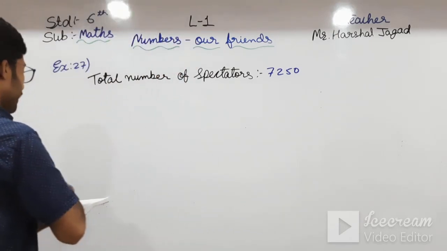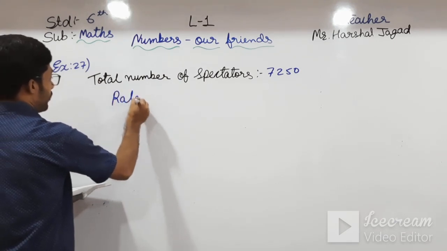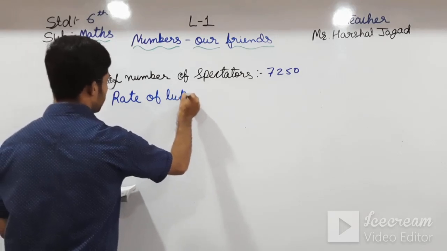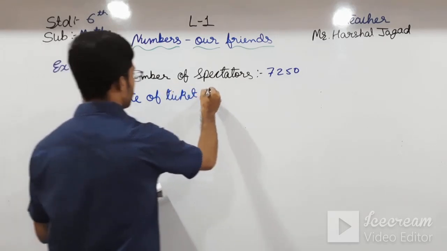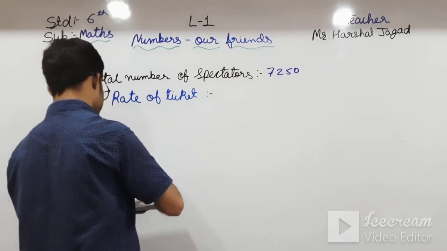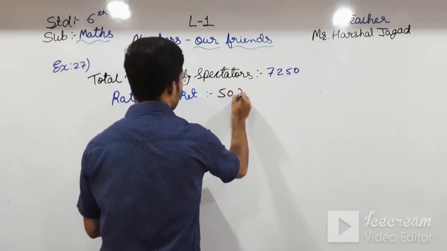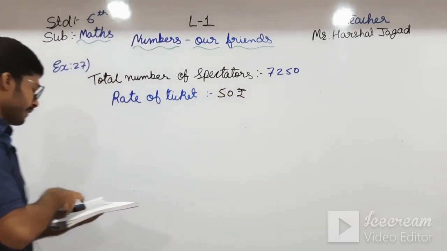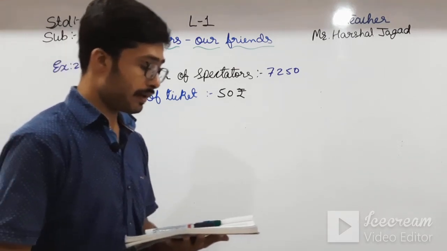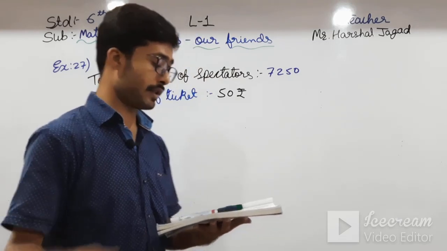And next, the rate of the ticket was 50 each. So now we will write the rate of ticket. Rate of ticket is 50 rupees. Okay students, rate of ticket is 50 rupees. The total collection from the ticket sale was 3,55,000.